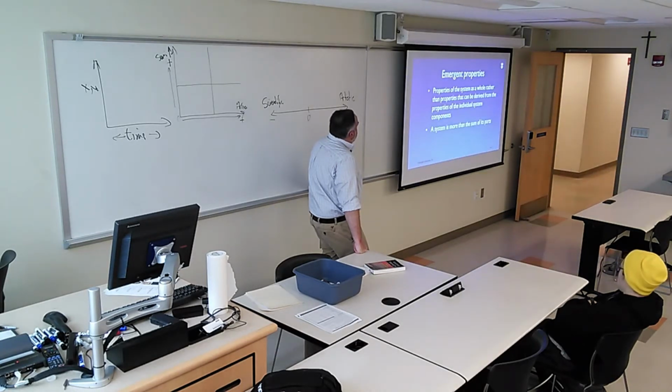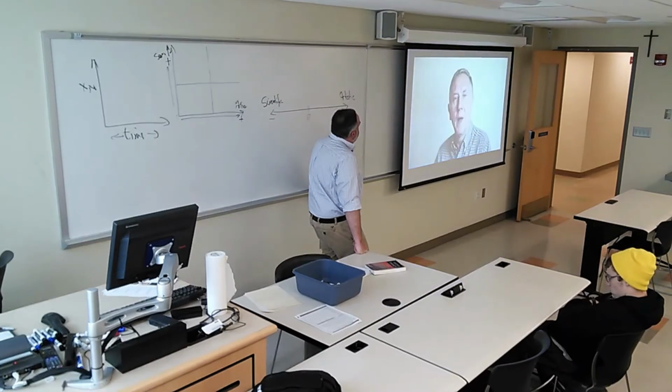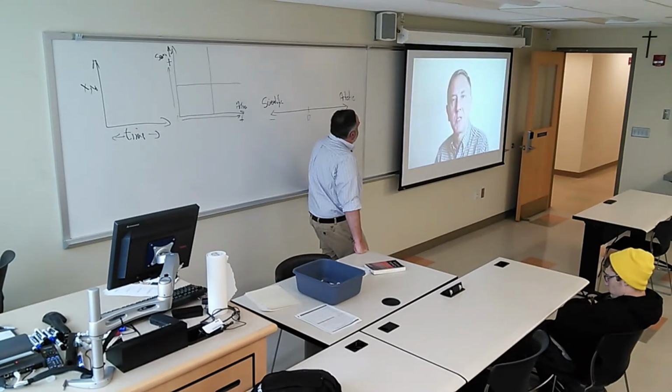There's a well-known saying that the whole is more than the sum of its parts, and this applies to systems in particular, that there are emergent properties in a system, and these only become apparent when we assemble the system from its components.